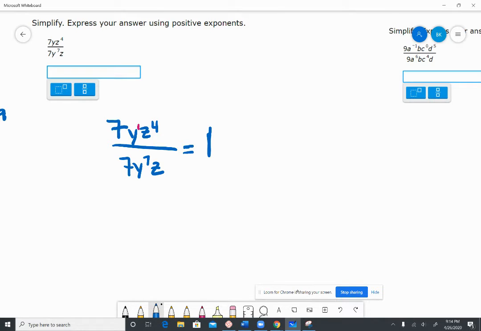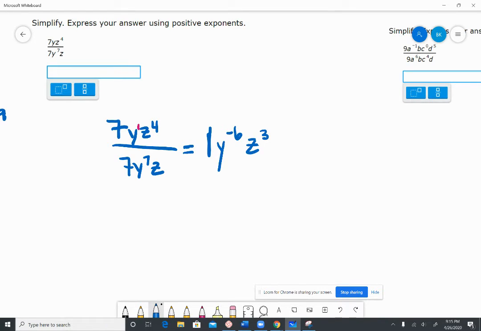So that's just going to be 1 minus 7. So for y, it's going to be 1 minus 7. Okay, and when we do that, we are going to get negative 6. Okay, and then for our z, it's going to be 4 minus 1, which is just 3.